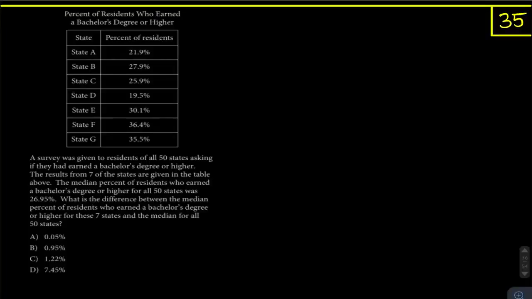The median percent of residents who earned a bachelor's degree or higher for all 50 states was 26.95%. Already I'm seeing the words median, I'm seeing 50 states, I'm seeing 26.95%. So just making a note of all that information, right? We know 50 states is going to have a median of 26.95%. That could probably play a role later in the problem.